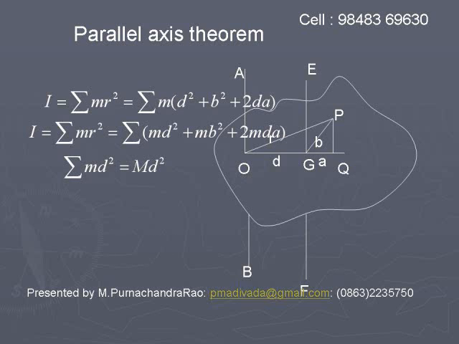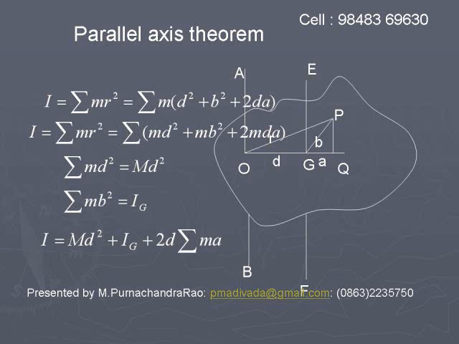In this relation, sigma m into d square becomes equal to total mass capital M into d square, as sigma m is the total mass of the body. Sigma md square is capital M D square, and sigma mb square is Ig, the moment of inertia about center of gravity.